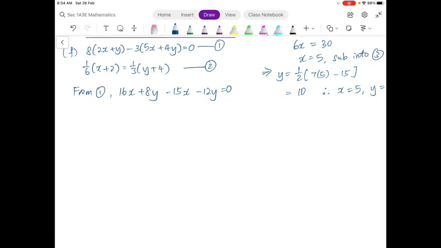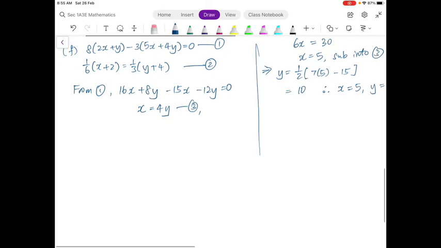So 16 minus 15x, we simply get x, and 8 minus 12y, we get negative 4y. So we have from the first equation x is equal to 4y. And we can choose to directly substitute this into our equation number 2. Or you can also manipulate equation 2 first if you want to. So it's really up to you. But for me, I think I'll just leave it as equation 3 and sub into number 2.